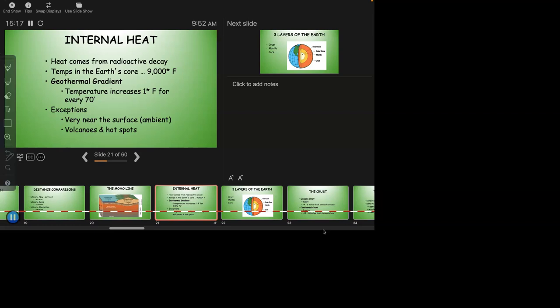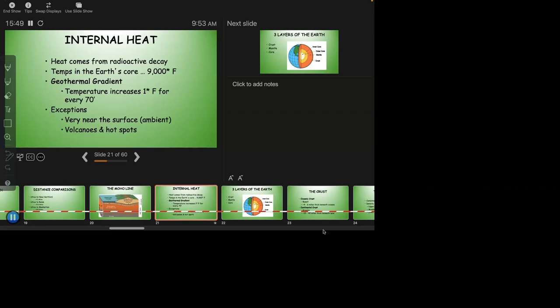And then the one bullet that I did skip over is very near the surface, ambient. Well, what the heck does that mean? Well, this is something you're very familiar with. You only have to go as far as your basement to understand this one. There is sort of an ambient background temperature underground, near the surface, that is a good bit cooler and steady, all right, all year round.